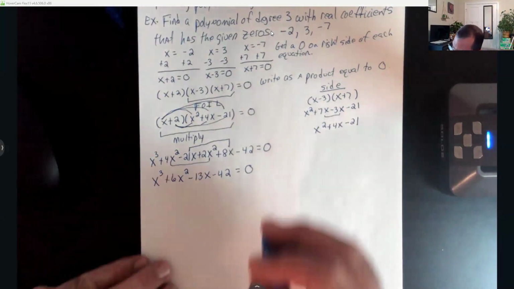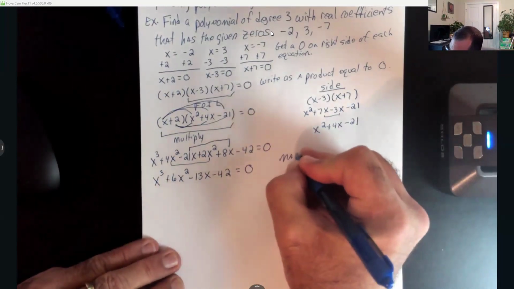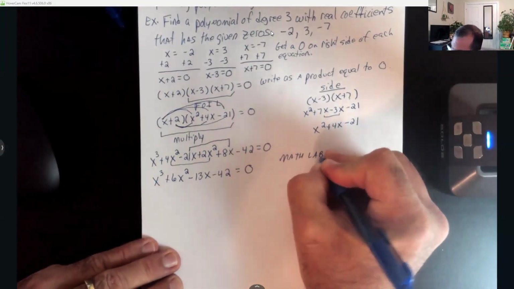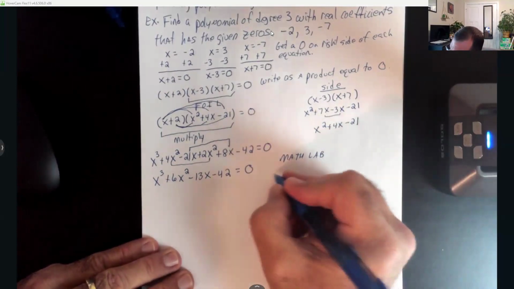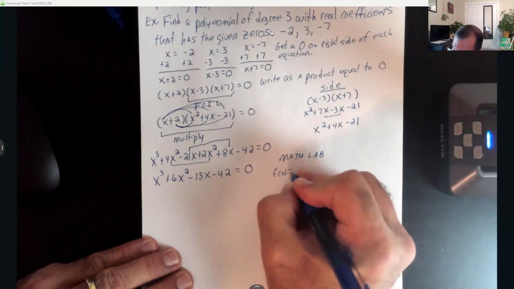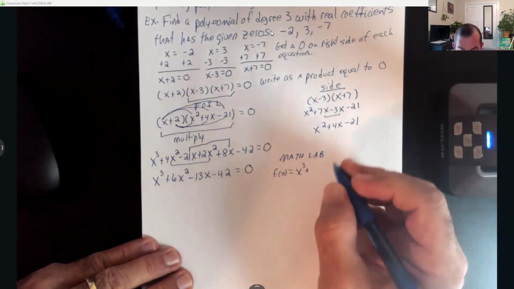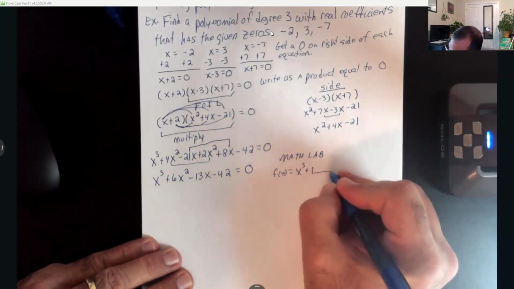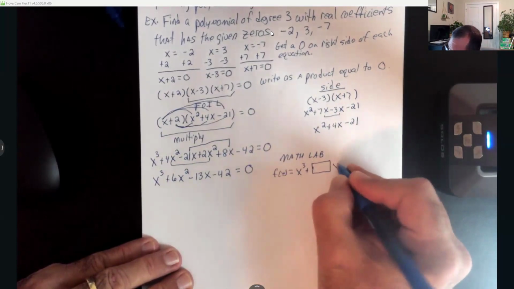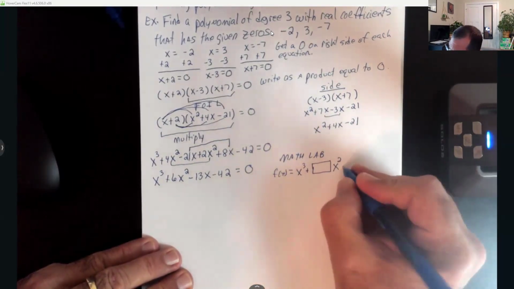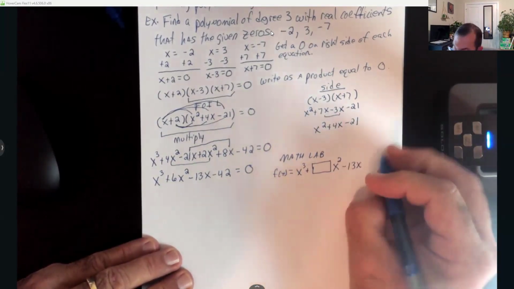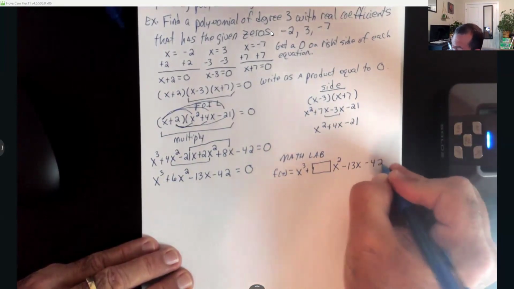Now here's how MATLAB does the answer. So MATLAB will have this: f of x equals x to the third plus blank x squared minus 13x minus 42.